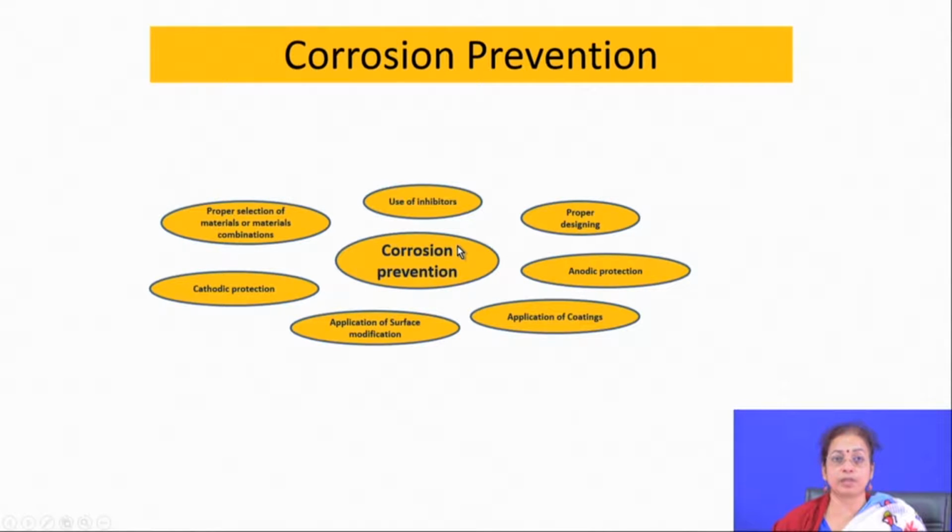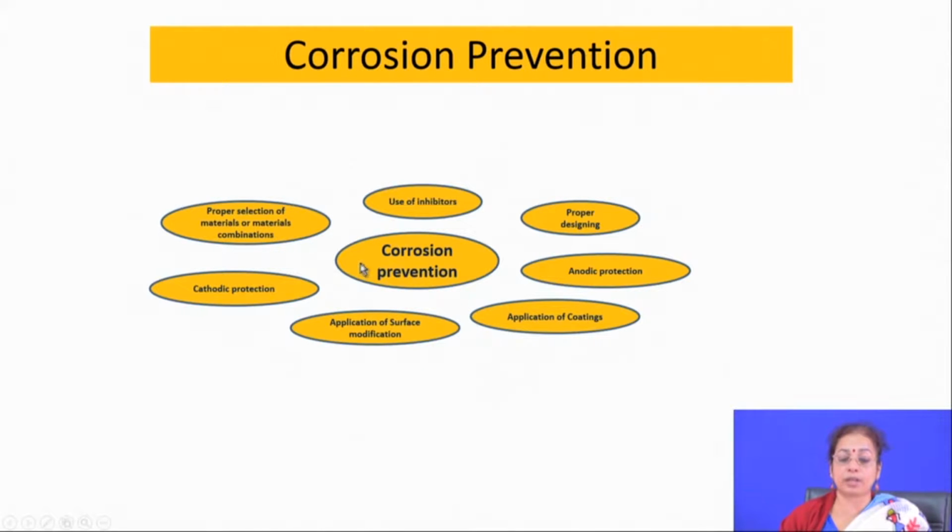Most of the ways are applicable for combating aqueous corrosion, some of the techniques are applicable for combating liquid metal corrosion, and some of the techniques are for high temperature oxidation.